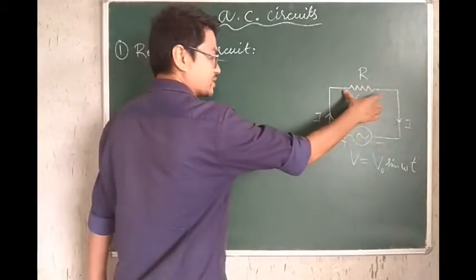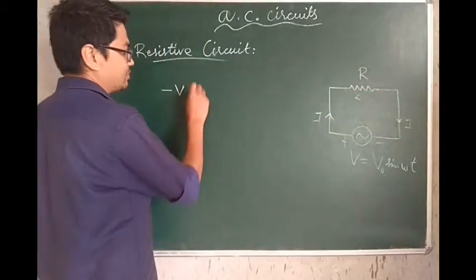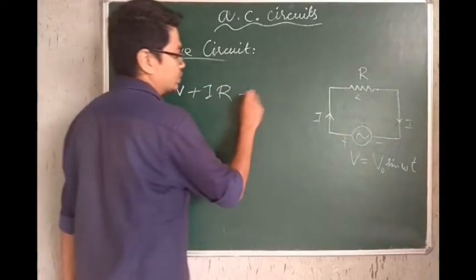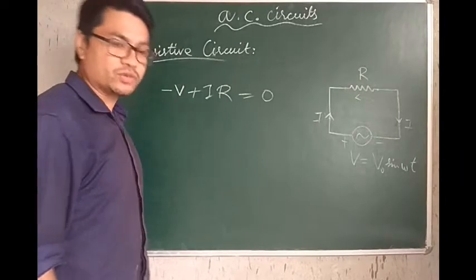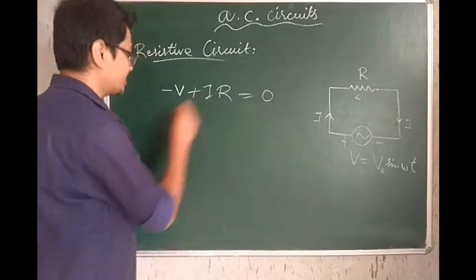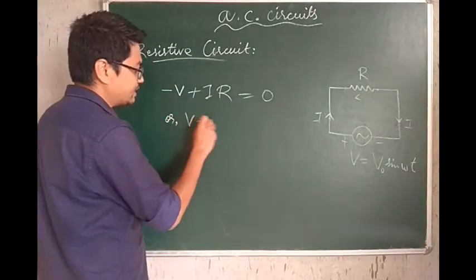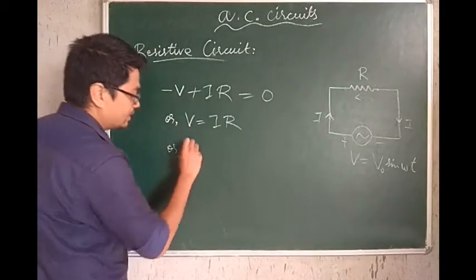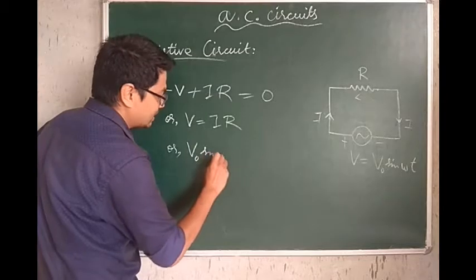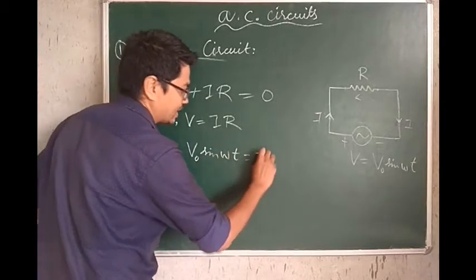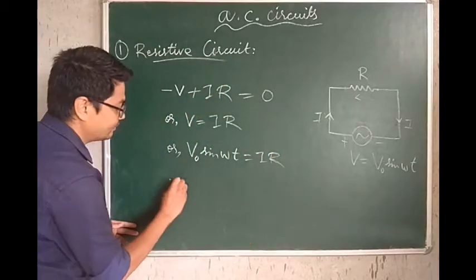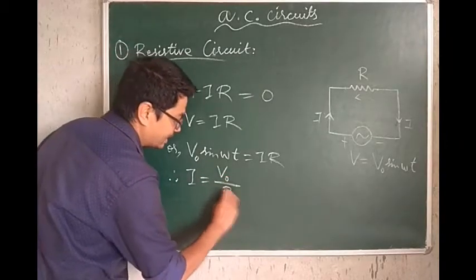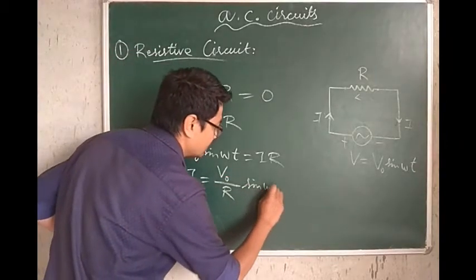Therefore, the potential difference across the resistor is taken to be positive, which is I into R, and the sum of these two is 0 according to Kirchhoff's voltage law. So, from here we can write V is I into R, or instead of V we write V naught sine omega t is equal to I into R, and therefore I is equal to V naught by R into sine of omega t.